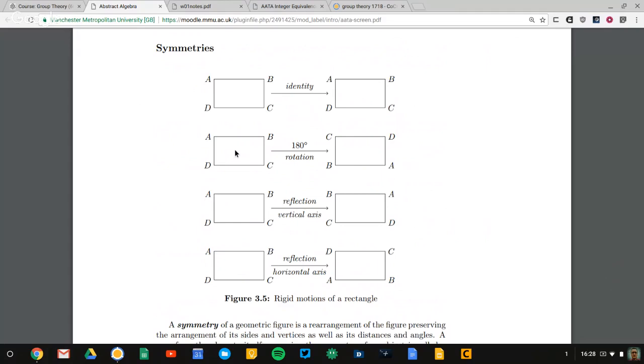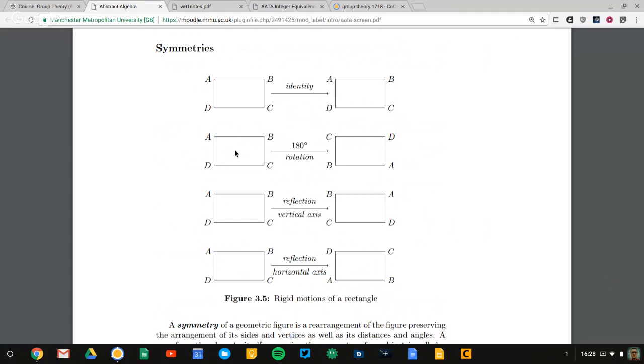We might call that R. So if you track what's happening to the vertices, A will come up here, B will be rotated around by 180 degrees to there, and C goes around to there. So it's a 180-degree rotation, which is the second one.